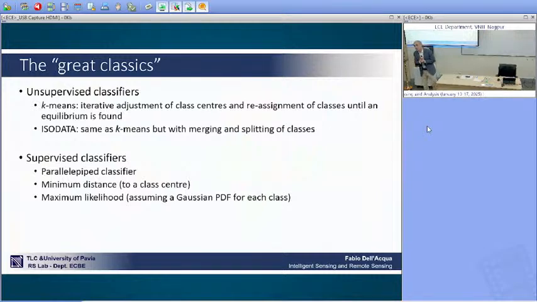There's a theorem which states that if the classes you are considering do actually have a Gaussian behavior, so that the likelihood goes like a Gaussian, then this is the ideal classifier.